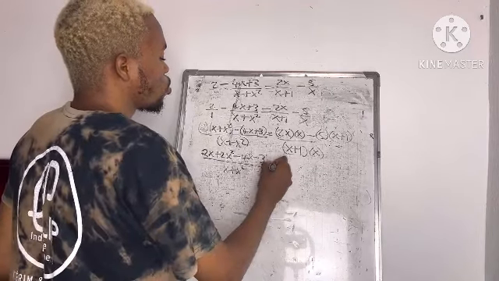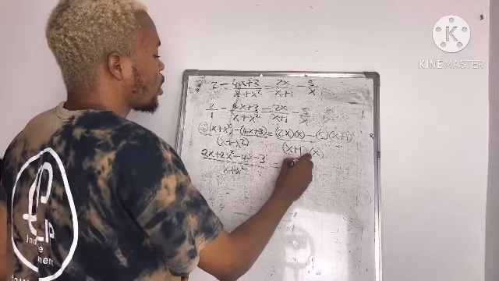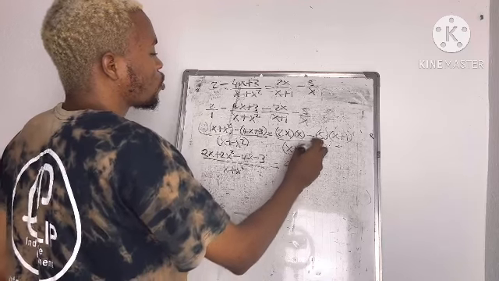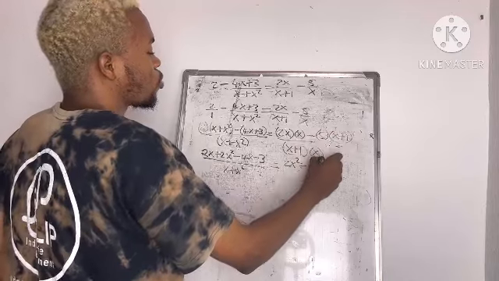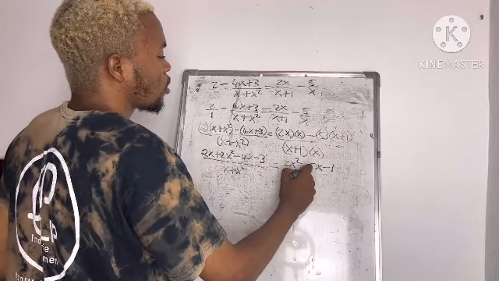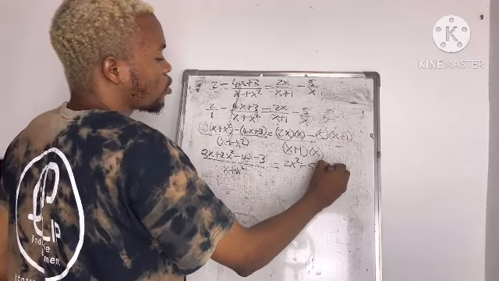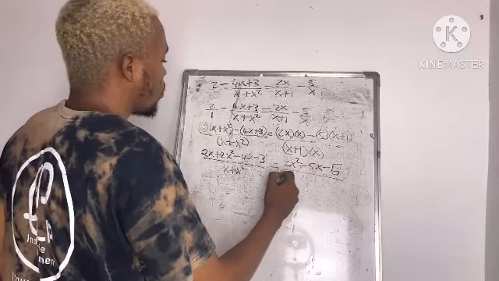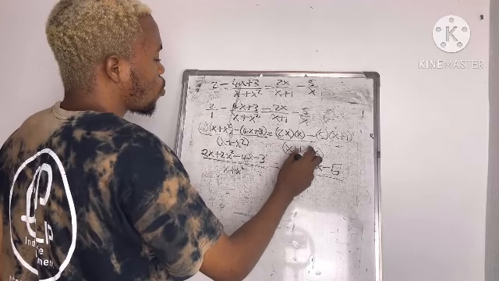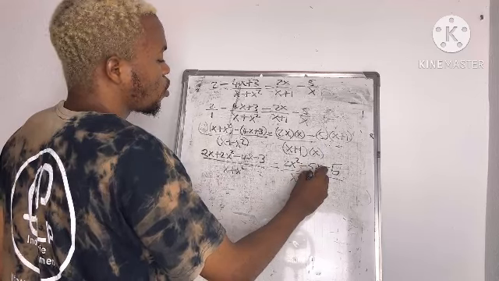This will be equal to 2x times x, you have 2x squared minus 5 times x, you have minus 5x, minus 5 times 1, you have minus 5. All this divided by x times 1, you have x squared, 1 times x, you have plus x.